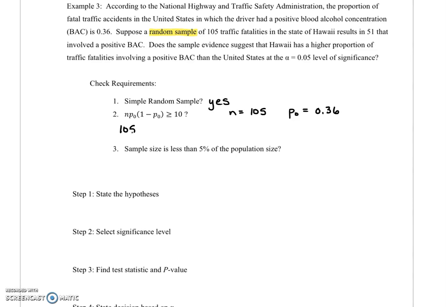So doing the arithmetic, 105 times 0.36 times 1 minus 0.36 equals 24.192, which is definitely greater than or equal to 10, so we're okay.